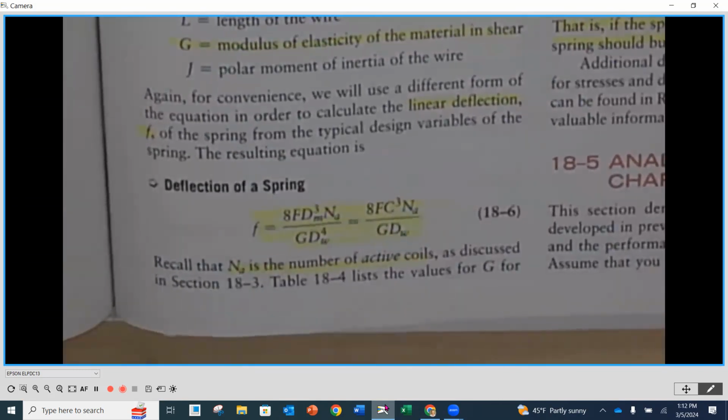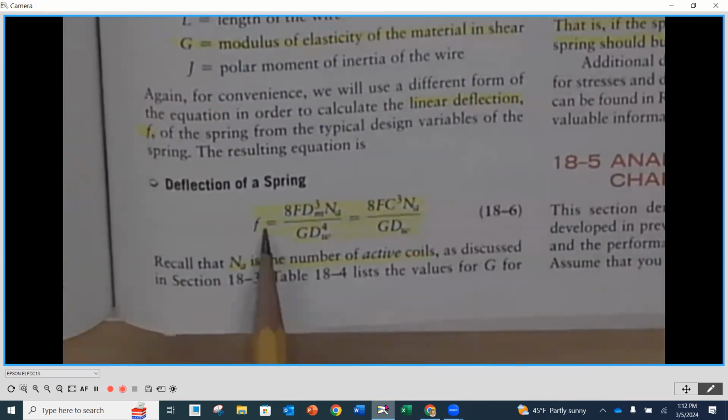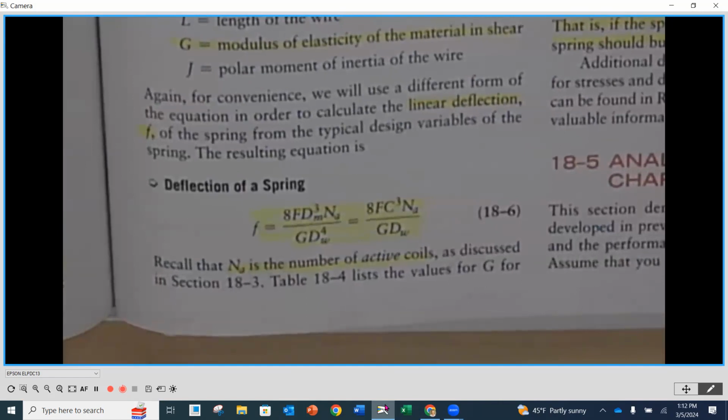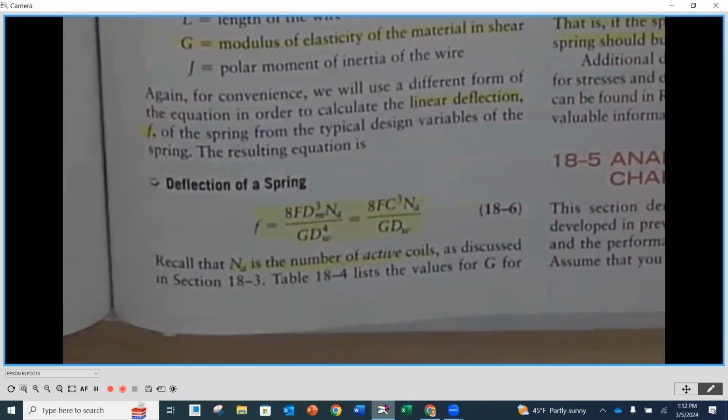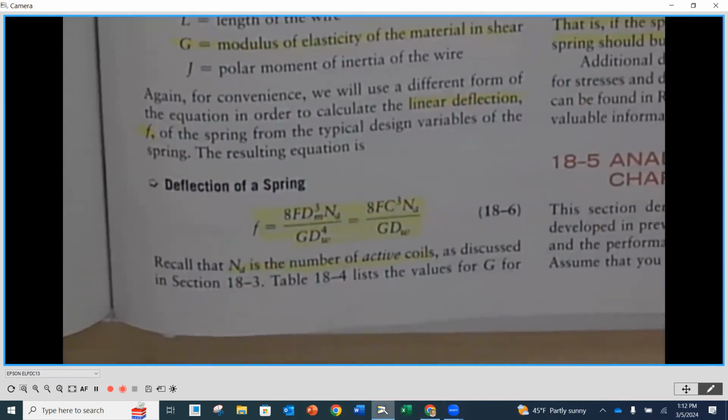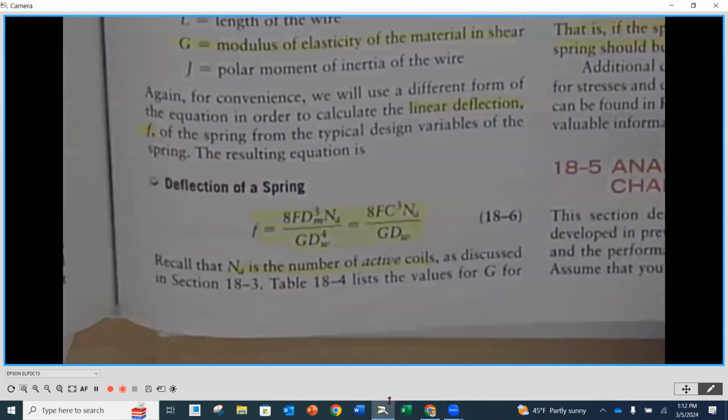So the higher the shear modulus of the material, what happens to the deflection? It's going to go down, right? Which makes sense. It's going to be a stiffer material. And then you're going to notice that the larger the wire diameter, the deflection goes down as well. I see that directly underneath my camera here.